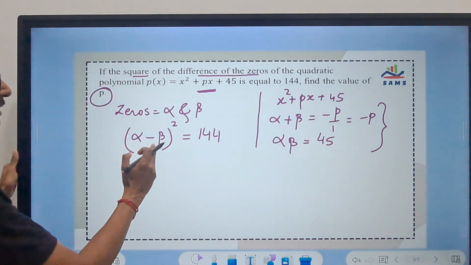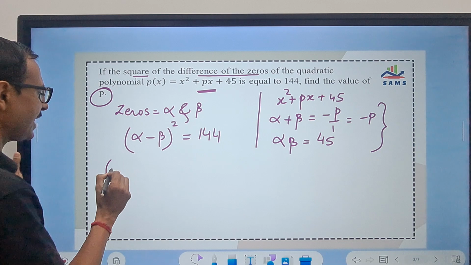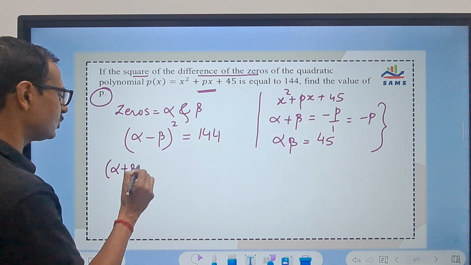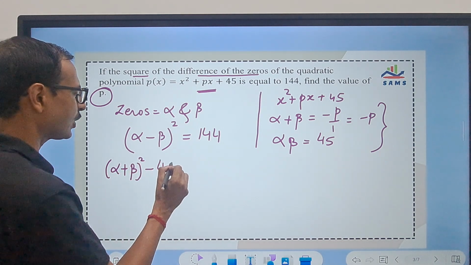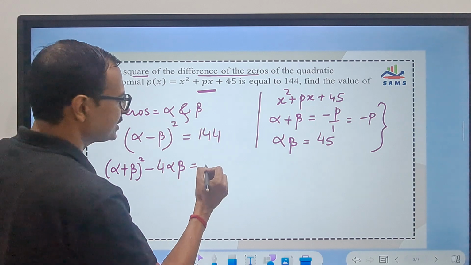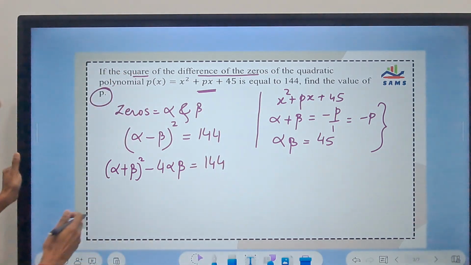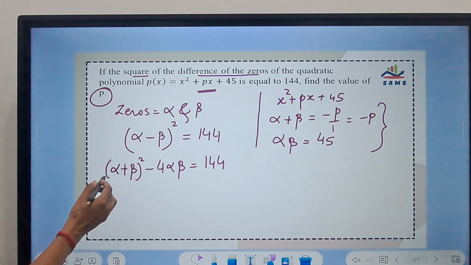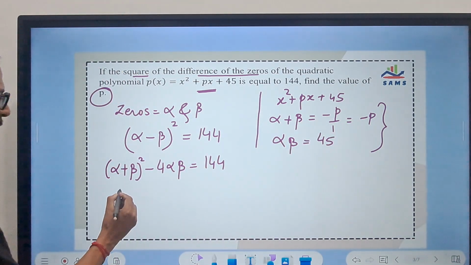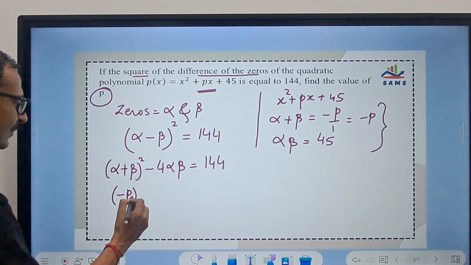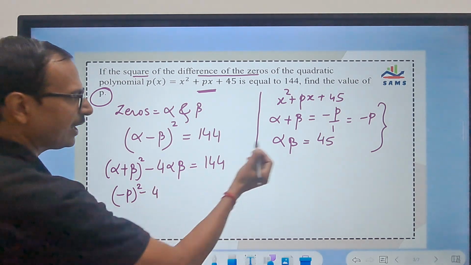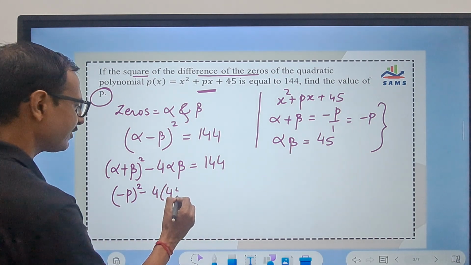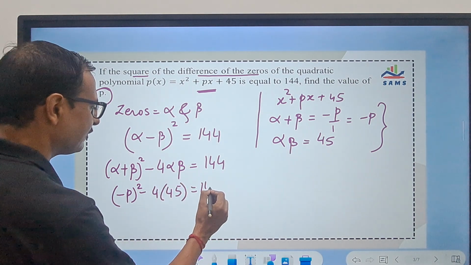So I should know that alpha minus beta whole square is actually alpha plus beta whole square minus 4 alpha beta. Now if I know this identity, job done. Why? Because I have to just put the values now. Alpha plus beta is minus p, so minus p square minus 4 alpha beta, which is 45, so 45 comes here, and this gives me 144.